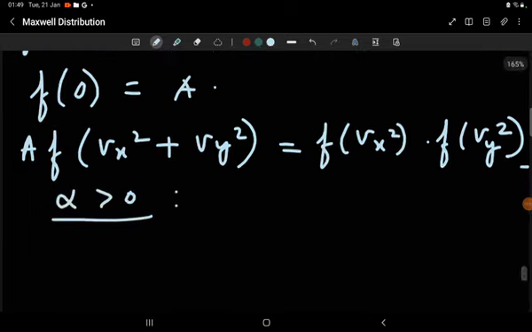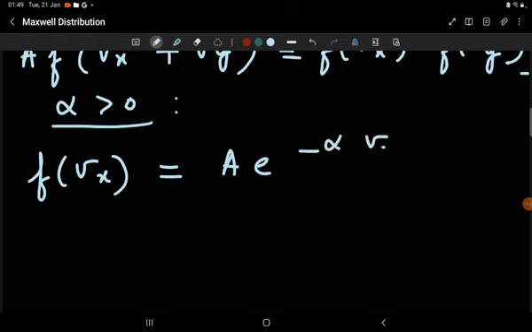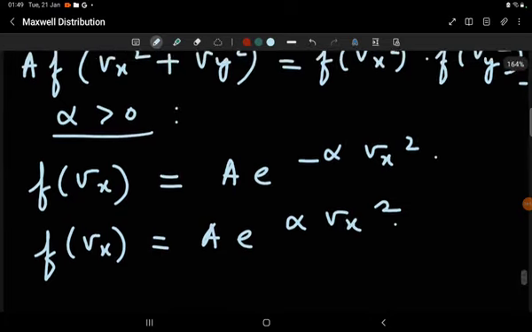F of vx is a e to the power minus alpha vx squared, and f of vx equal to a e to the power alpha vx squared. So we have two solutions for the given equation.